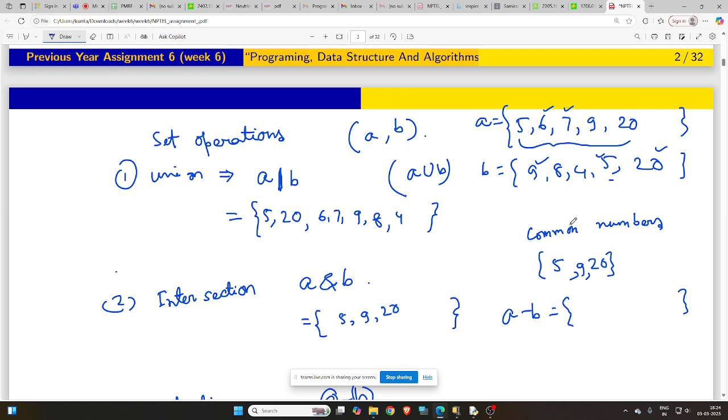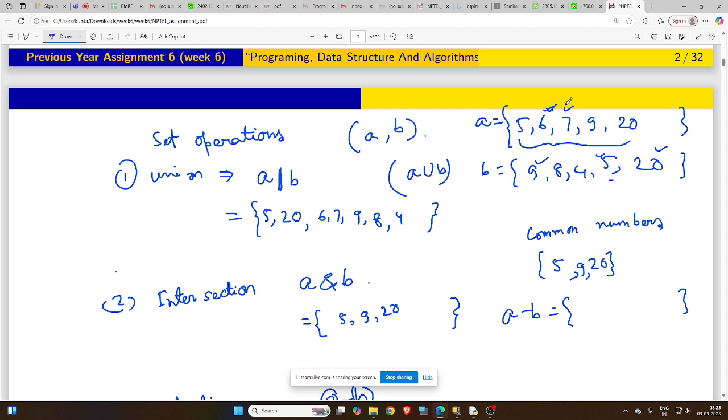Okay, so what I was saying, A minus B means the elements of A which are not present in B. So in this example, A has 5 elements, and among these 5 elements, 3 elements are common.